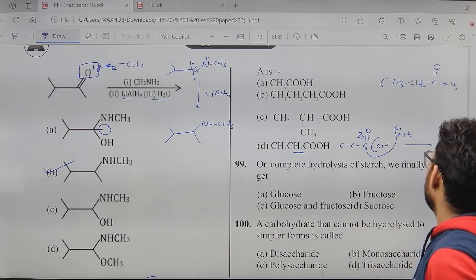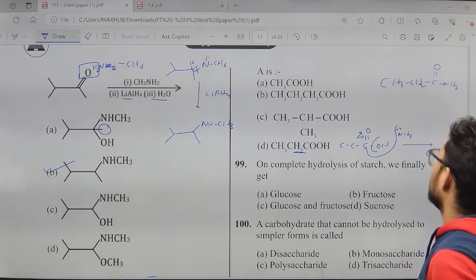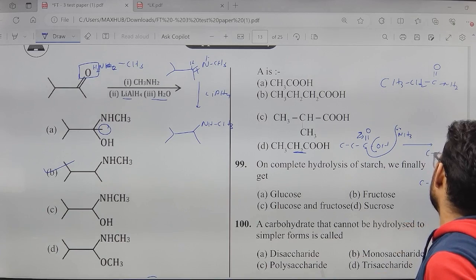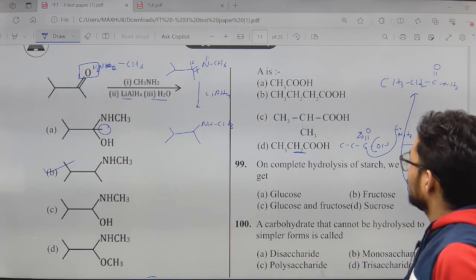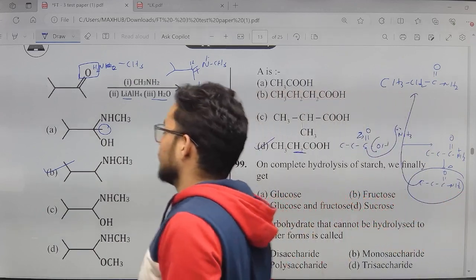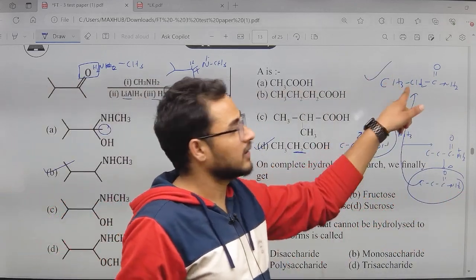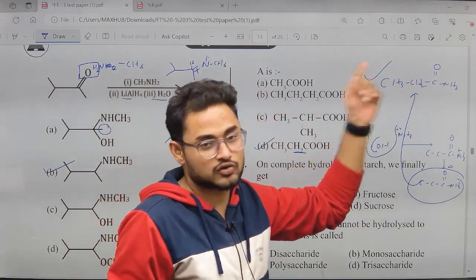So COO minus and there will be NH3 plus. Then heating, so obviously deprotonation will take place, and you will be getting this. What is this? It is that. So this will be the starting material. After reacting with this, this will be formed, and after Hofmann bromamide reaction, it will provide you CH3CH2NH2.